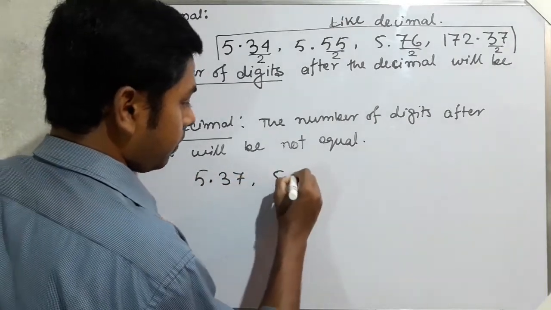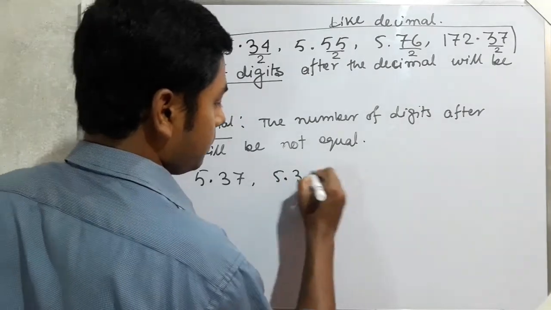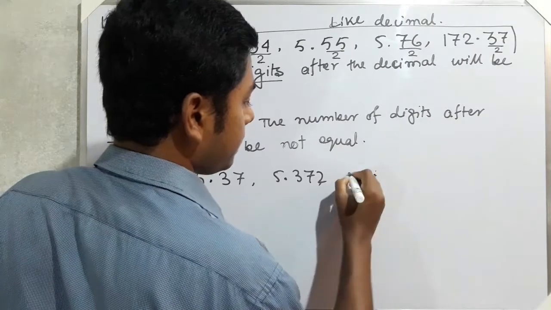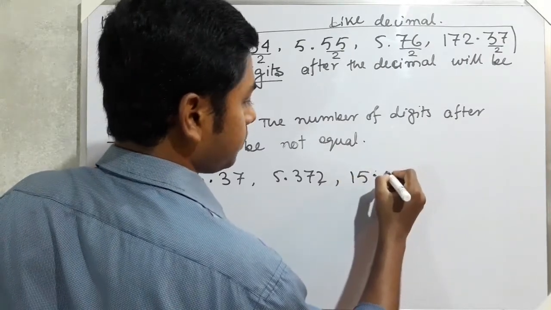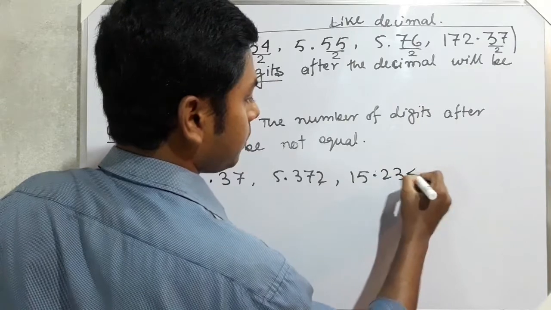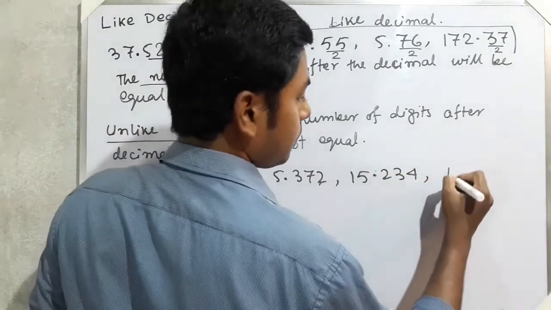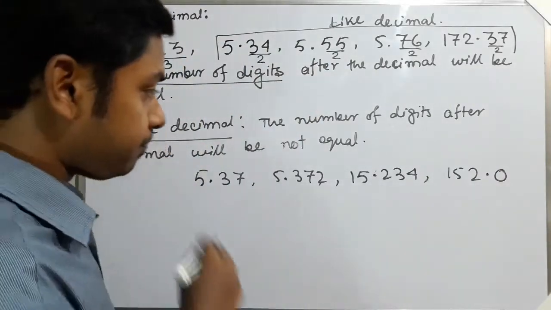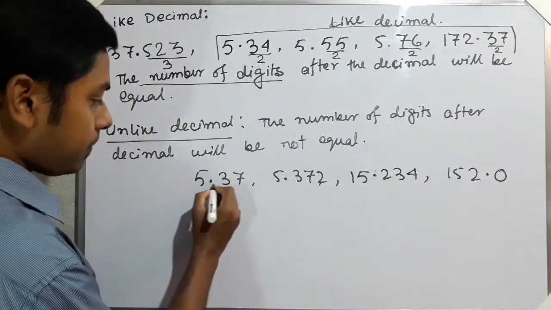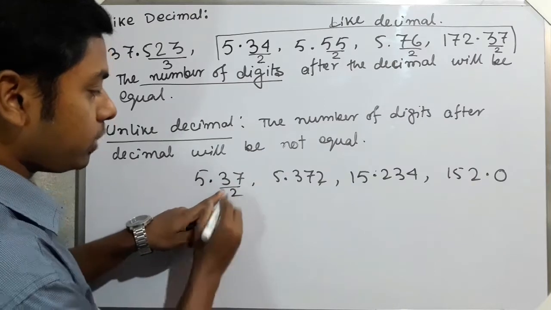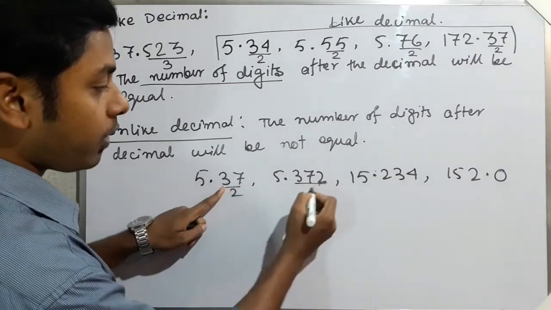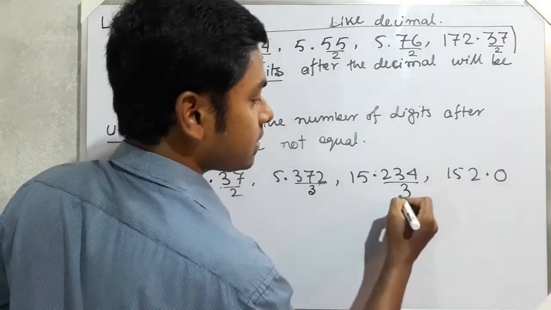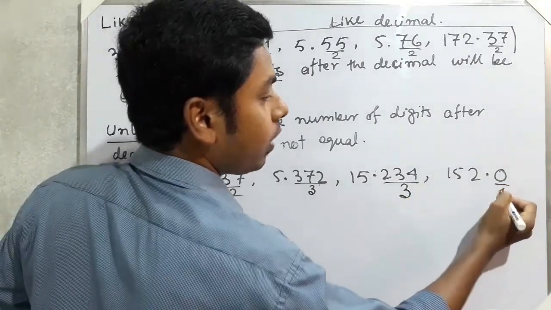5.37, 5.372, 15.234, 152.0. Now you can see here, after the point, here after the point 2 digits, here after the point 1 2 3, 3 digits, here after the point 3 digits, and here after the point 1 digit.